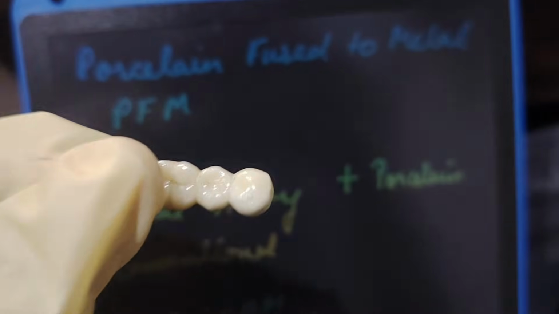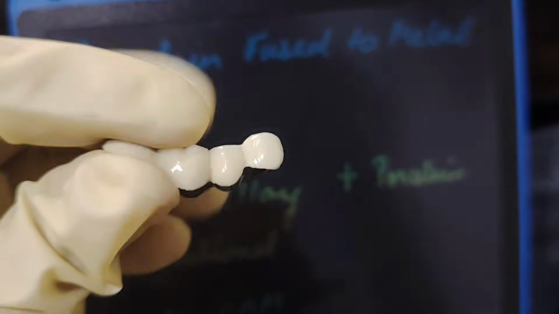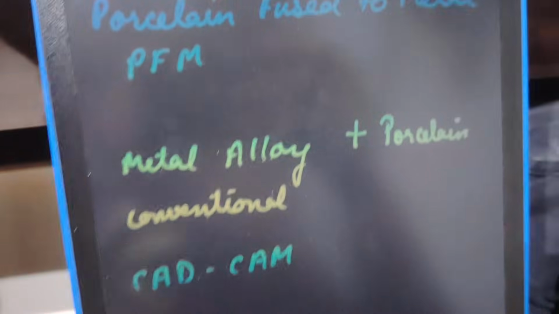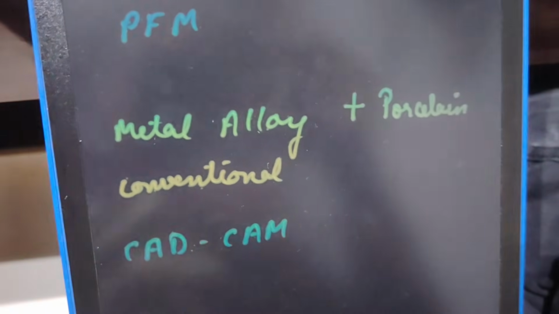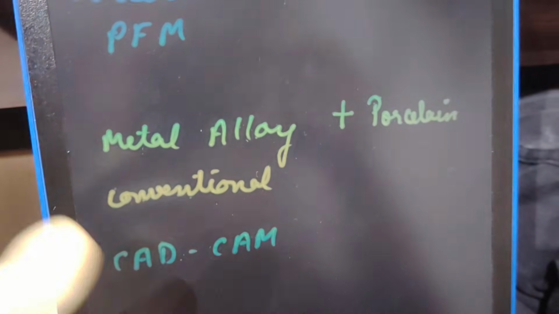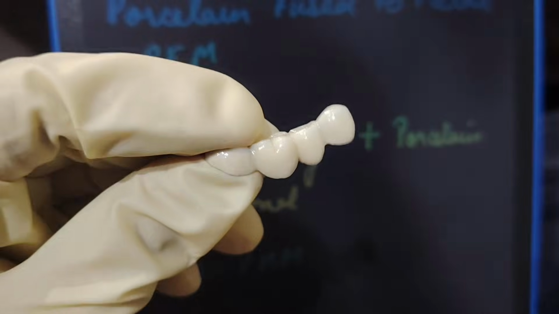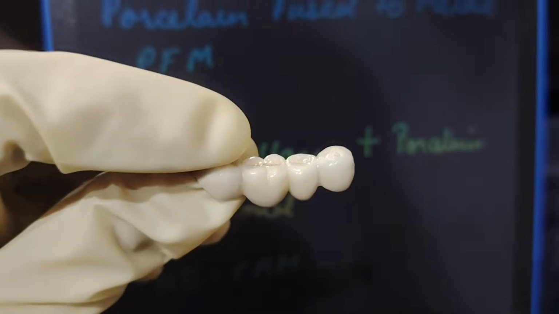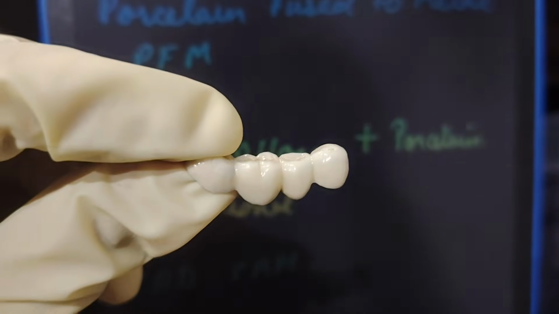This is very strong. It can be made conventionally, or CAD-CAM preparation can also be done for these porcelain fused to metal bridges.